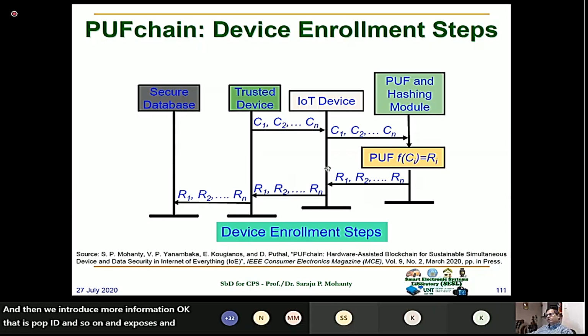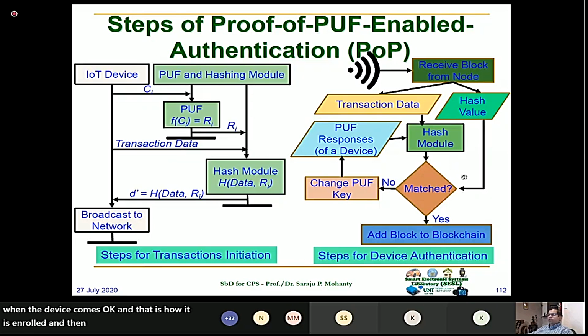And this is the enrollment process. That means when a device comes, that is how it is enrolled, and then eventually, when access is needed, particularly for the medical domain and cyber physical system domain, these are the possibilities. There is a need for a transaction, there is a need for authentication.